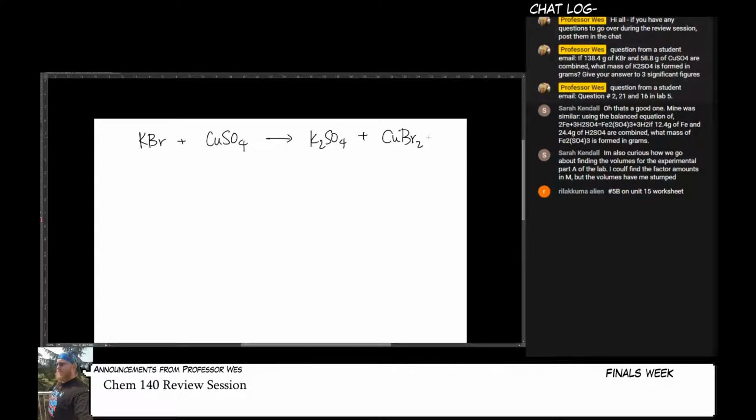And so the question that was asked by a student was, if 138.4 grams of KBr and 58.8 grams of copper sulfate are combined, how much of this gets made?